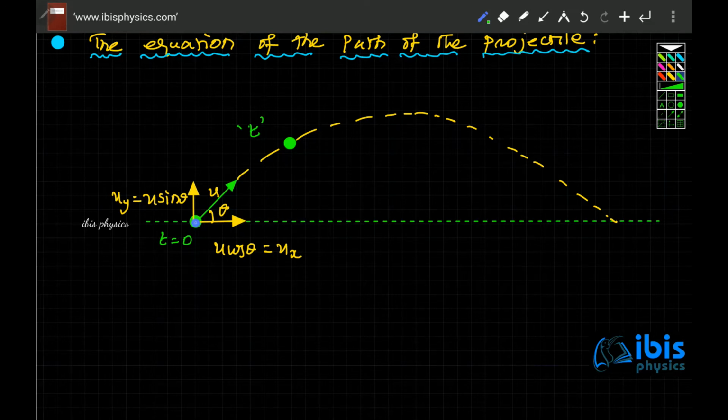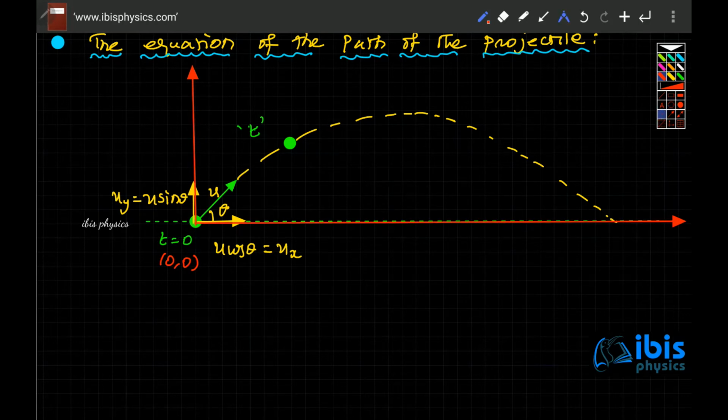So here, let us say this is the origin, this is your y-axis and this is your x-axis. If the initial location of the projectile is termed as 0, 0, then after t seconds, it is here, it has covered some horizontal distance and some vertical distance.